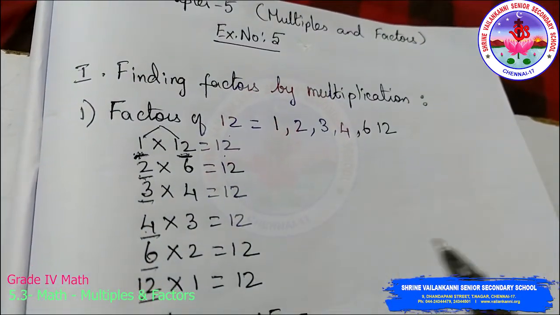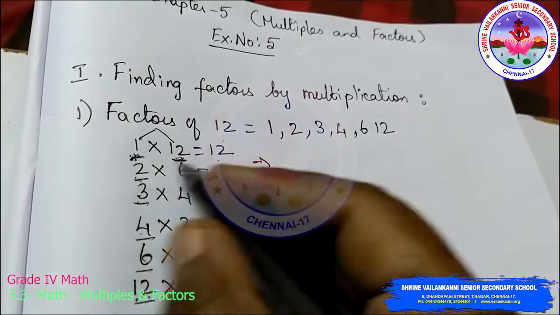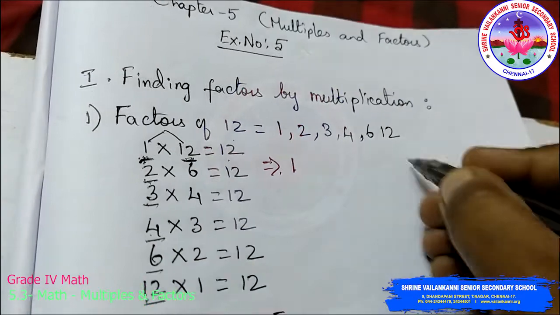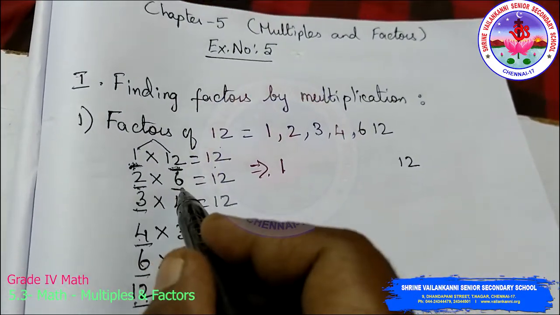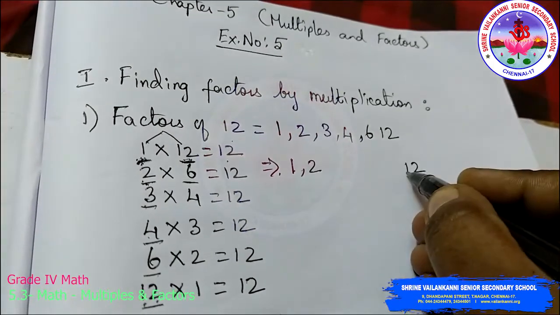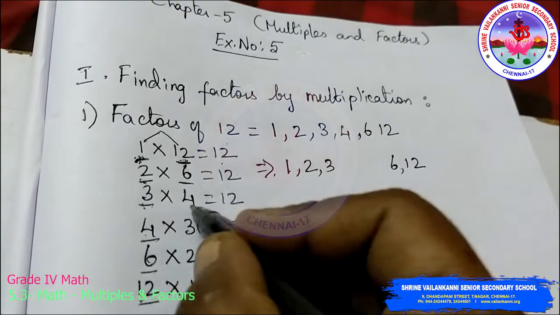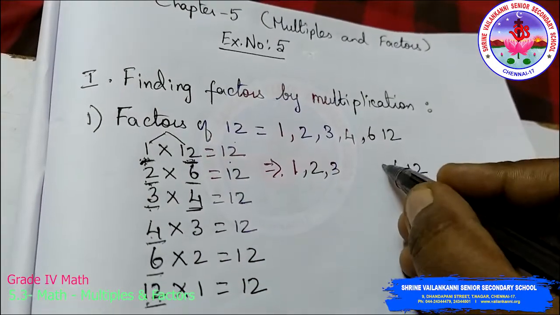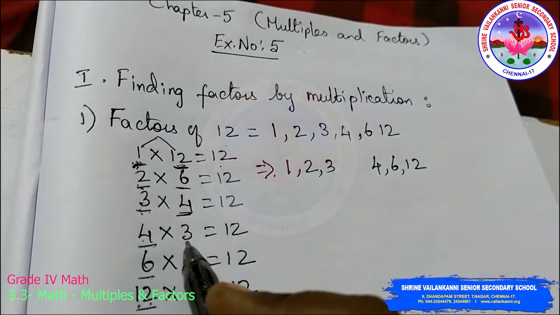Even in the sense, you can also write 1 and 12, then 2 6s, then 3 4s, and then 4 3s.